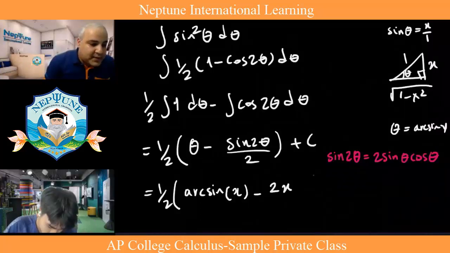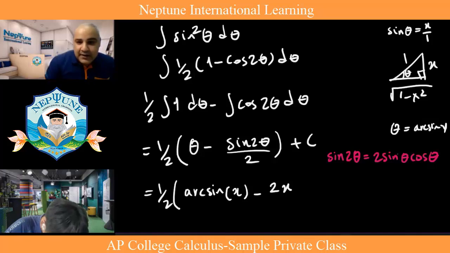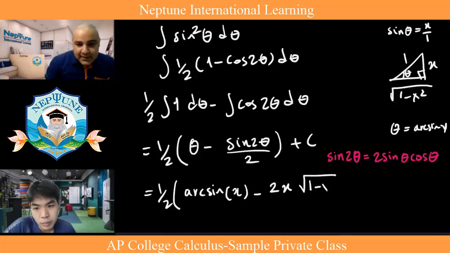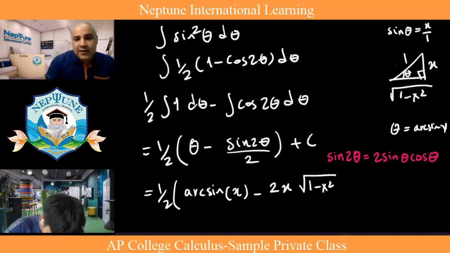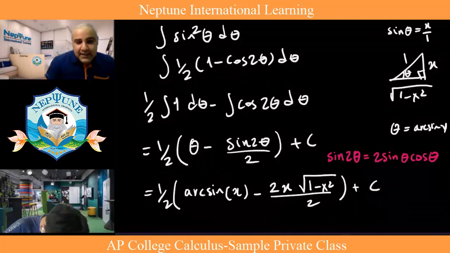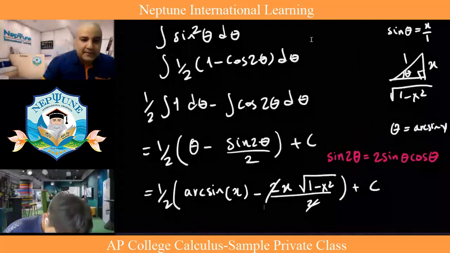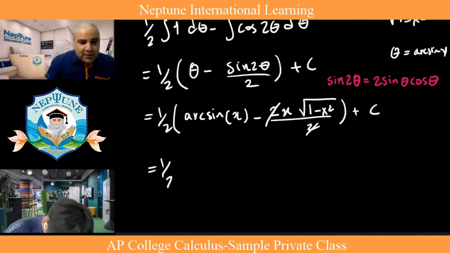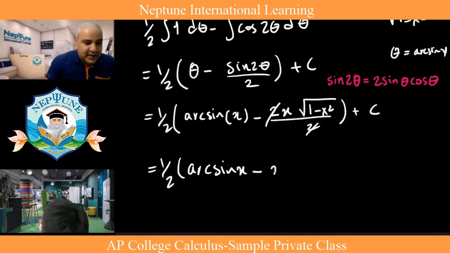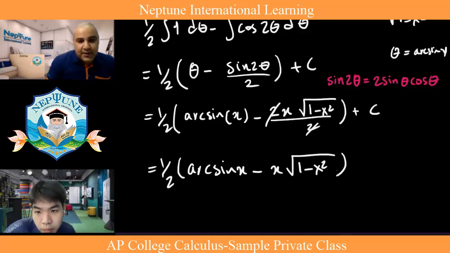And cosine theta is root 1 minus x squared over 1, from the triangle, adjacent over hypotenuse. And then over 2, the 2 is in the plus c. Now 2 cancels 2 here. So what is left is 1 over 2 arc sine x minus x root 1 minus x squared plus c.